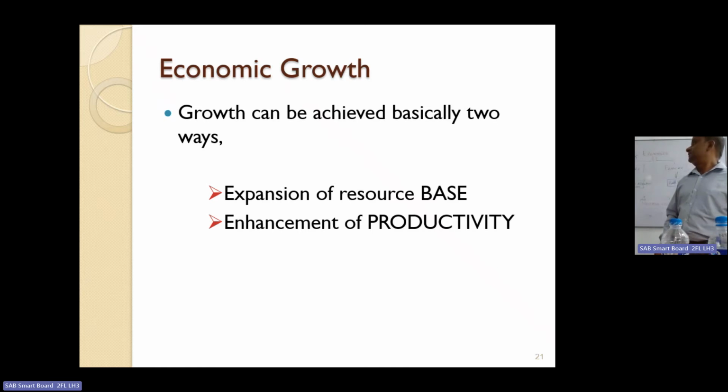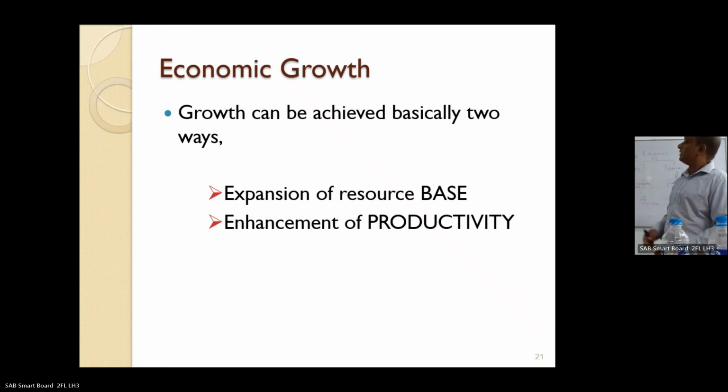Training and development: if you undergo more and more training projects, and if you are at the managerial level, more development projects as well, that increases the productivity. So education, training and development.